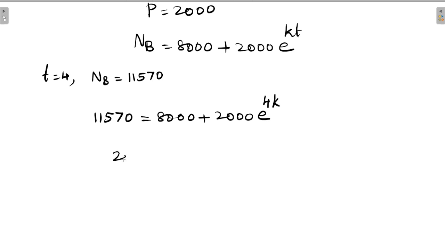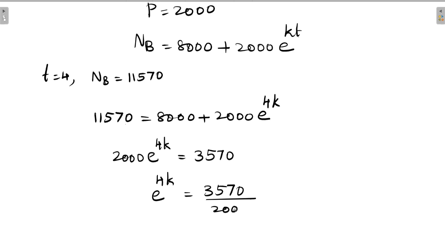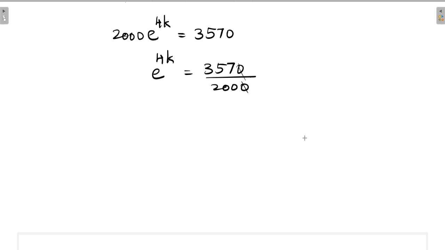Now 2000 e power 4k is equal to 11,570 minus 8,000, that is 3,570. So e power 4k is equal to 3,570 divided by 2000. Now we can cancel 10.